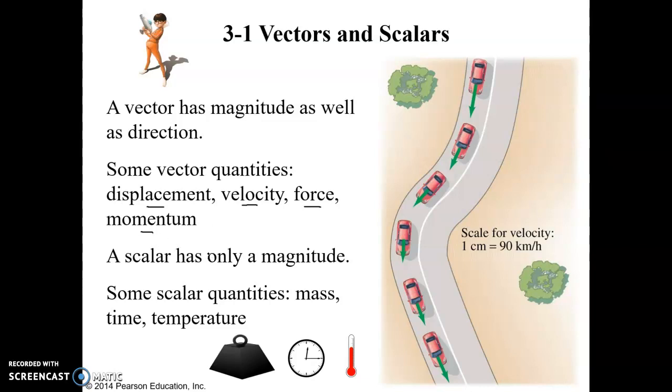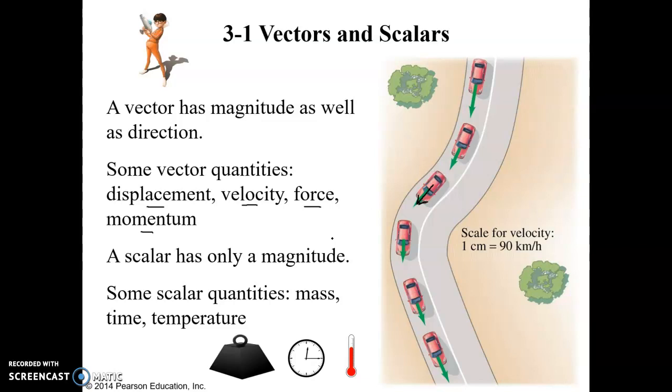Momentum, these are all things that have both direction and magnitude. And so, for instance, the car traveling here, its displacement, velocity, and acceleration can all be described with vectors. How fast is it going and in what direction would be its velocity. So it's more than just simply its speed, but also its direction.